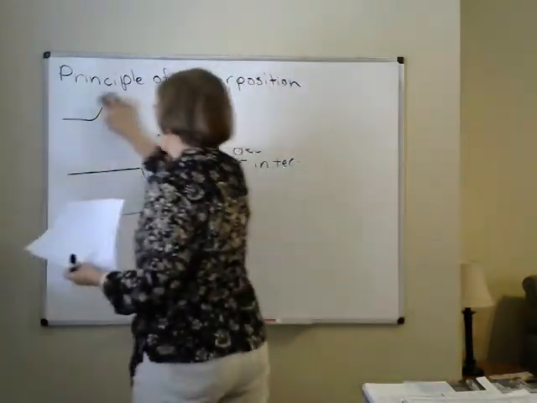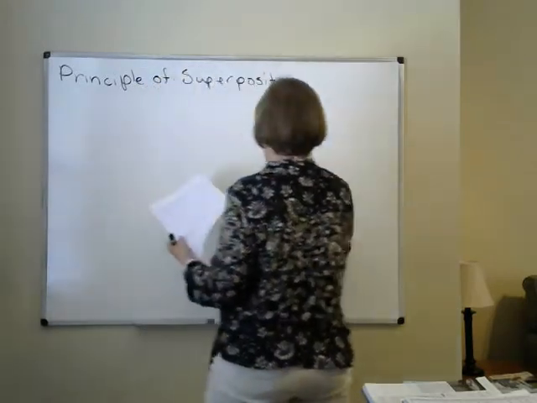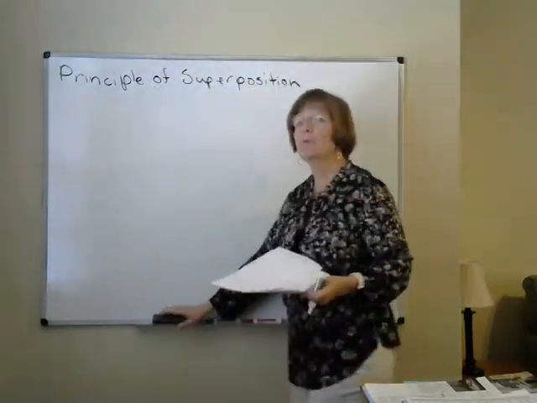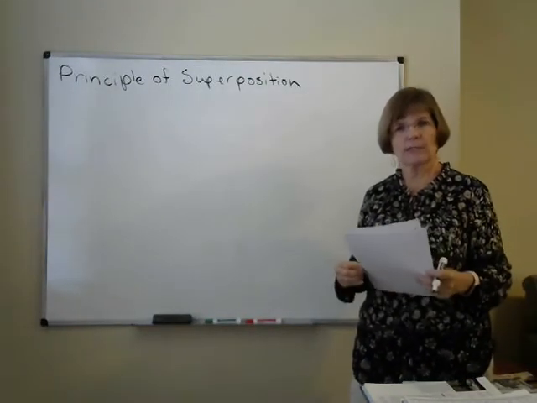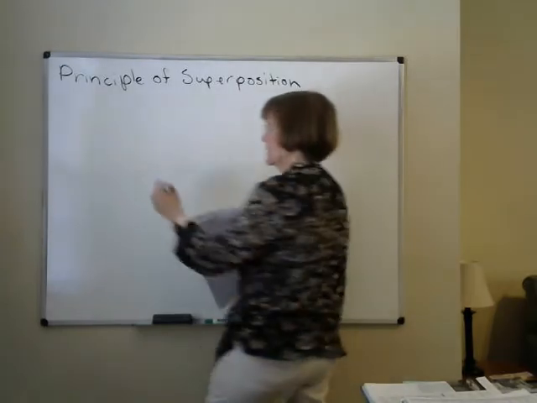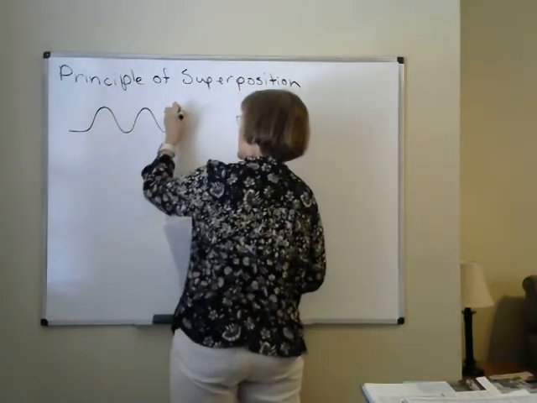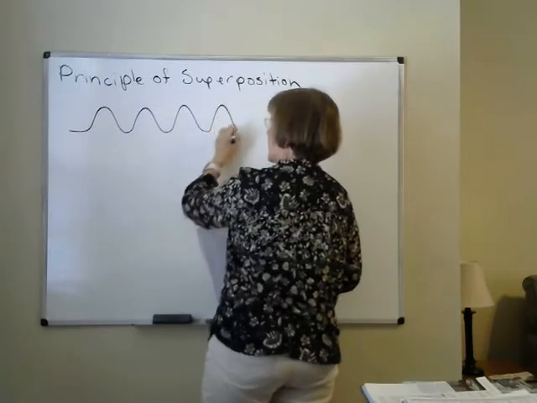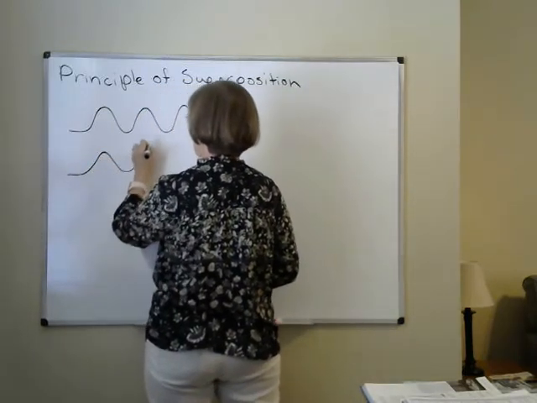This will come up more in the spring, so we want to just think about this. If you have two waves and they are emanating from identical sources and they are in sync, so we have a wave and you have an identical wave. And I probably can't draw an identical wave, but I'm going to try.